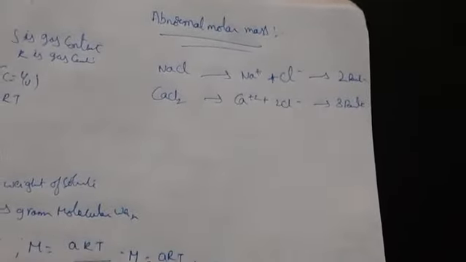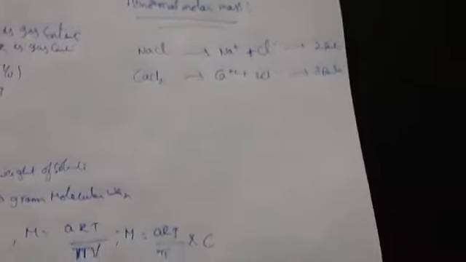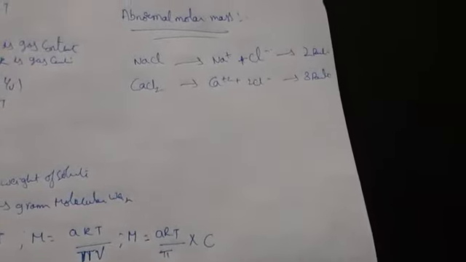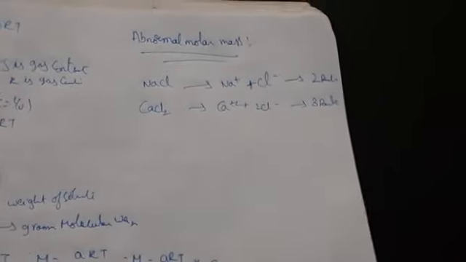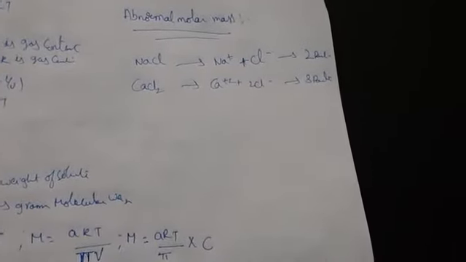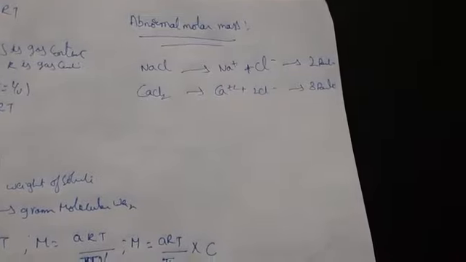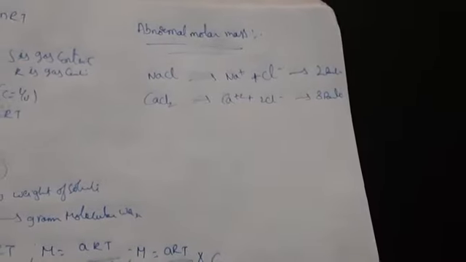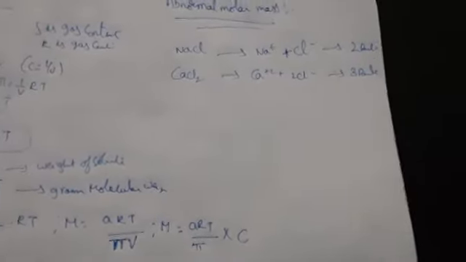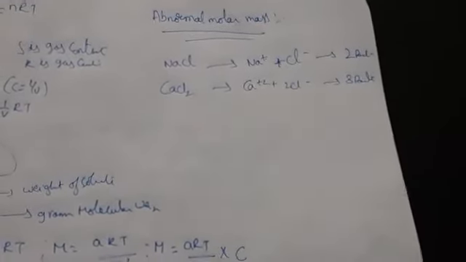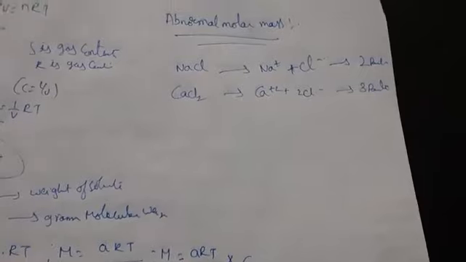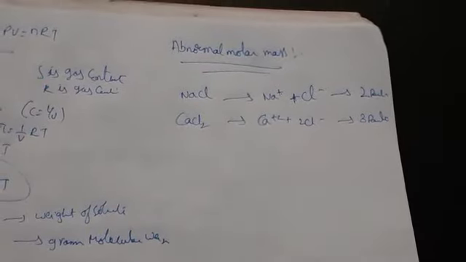If you have seen Raoult's law, as I have discussed with you, Raoult's law is nothing but what, the ideal gas equation, which will obey all gas laws. That one we call an ideal gas. So coming to Raoult's law, that which obeys Raoult's law, we call an ideal solution. That which does not obey Raoult's law, we call a non-ideal solution. Okay, so here in non-ideal solutions we are going to have some deviations.